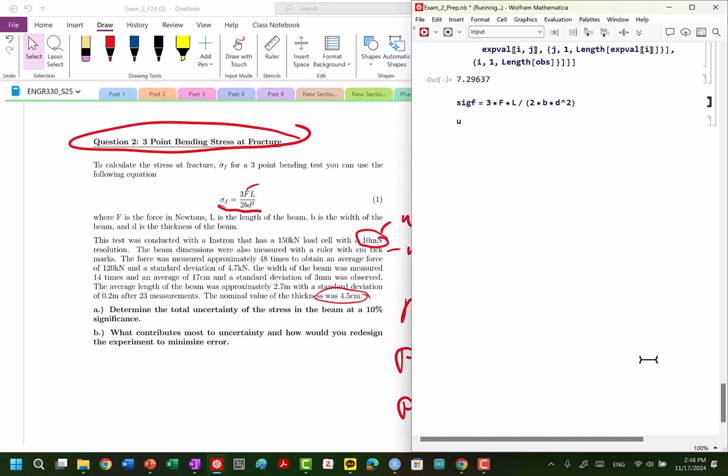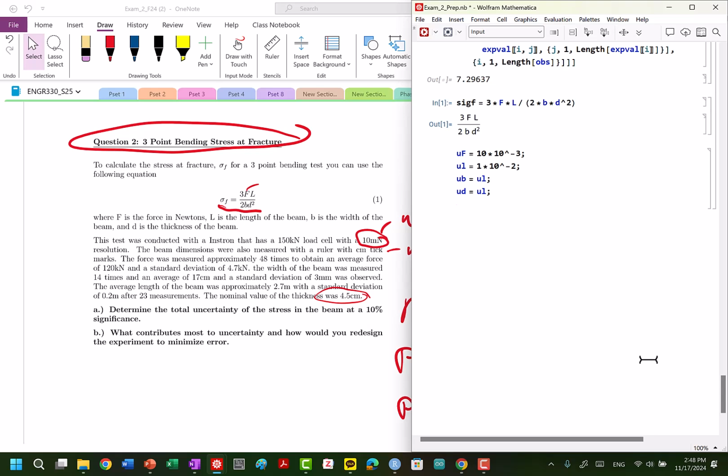I have some uncertainty in my force, which is going to be equal to 10 times 10 to the minus 3 newtons. I have some uncertainty in my L, which is equal to 1 times 10 to the minus 2. That's uncertainty in B is equal to uncertainty in L. Uncertainty in D is equal to uncertainty in L.